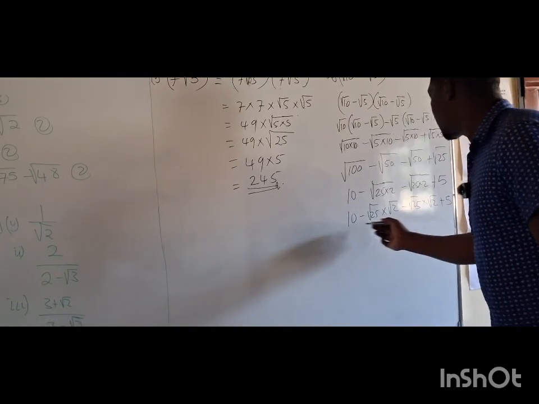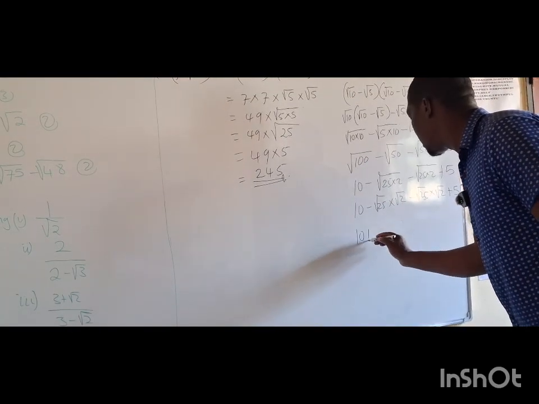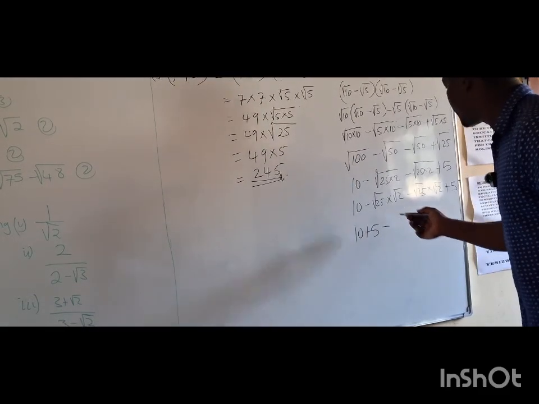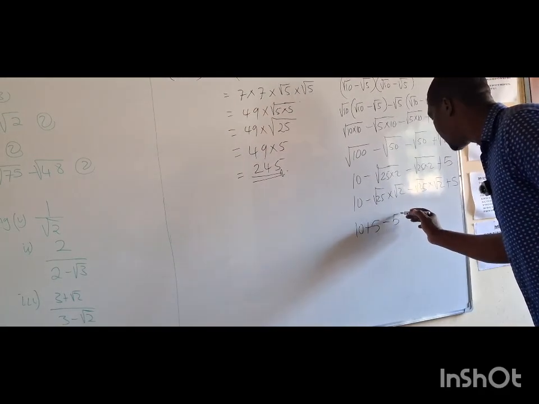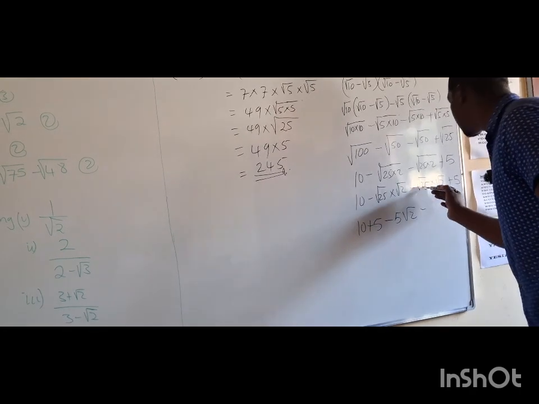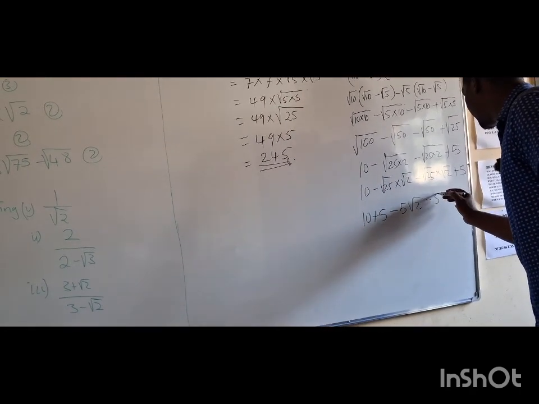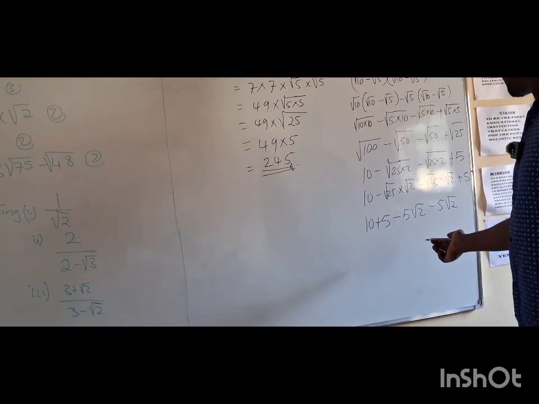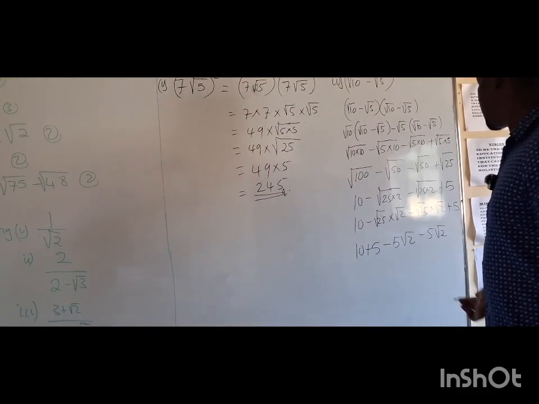So collecting like terms here, they're having 10 plus 5, minus square root of 25 is 5 root 2, minus square root of 25, 5 is 5 root 2. Right, you can see that these are also like terms.